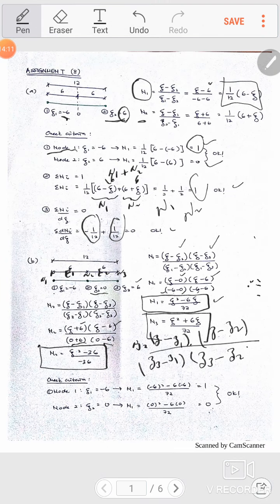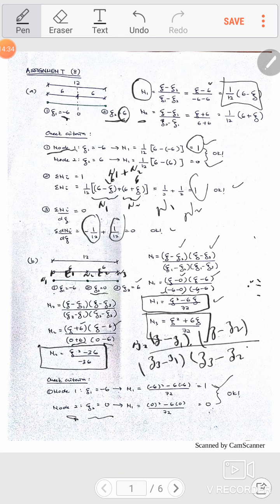After that, just check the criteria. The first one should get 1. I mean, take the node number 1 and substitute the value of number 1, and you will get 1 here. And same with node number 2, where zeta 2 is 0.